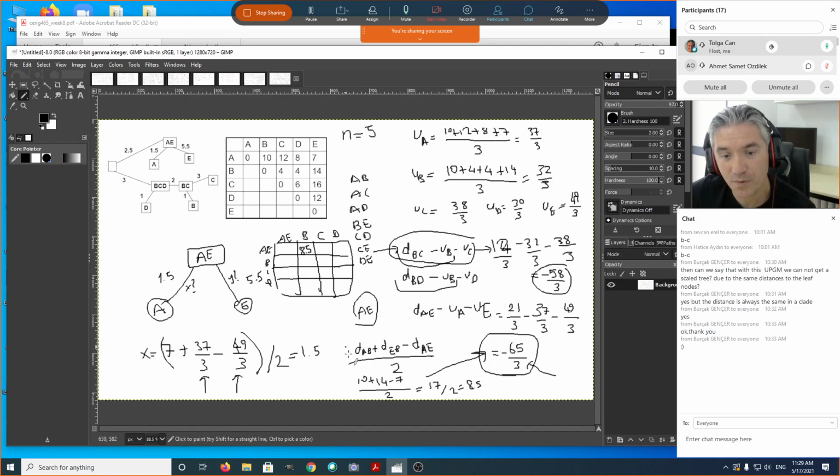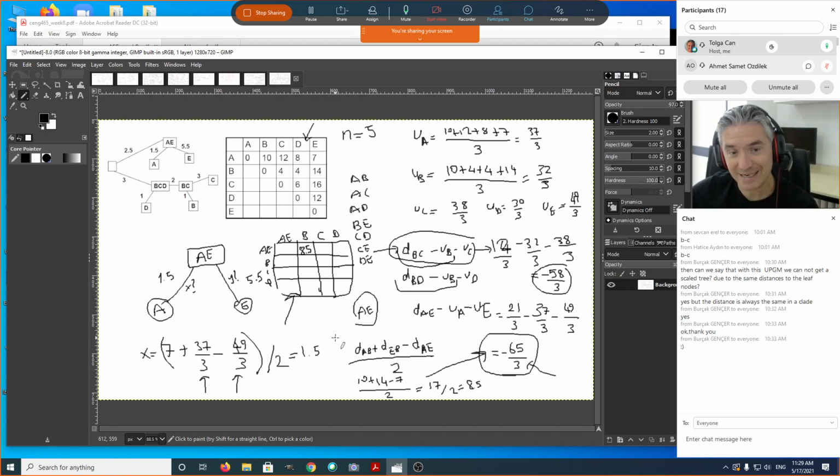So I have to compute the others, the distance of AE to C similarly. Distance of A to C plus distance of... by the way, in the other iterations, when we're computing the distance between clusters, we do not refer to this original matrix. Your current matrix in that iteration is the reference.